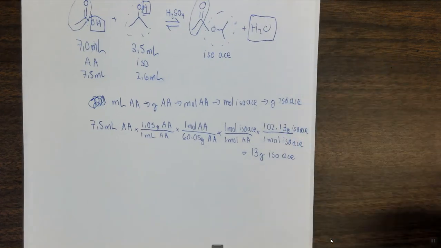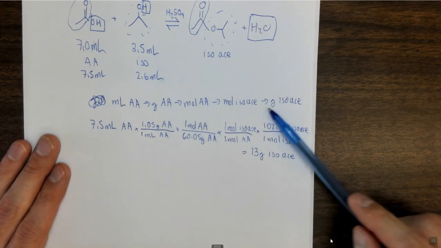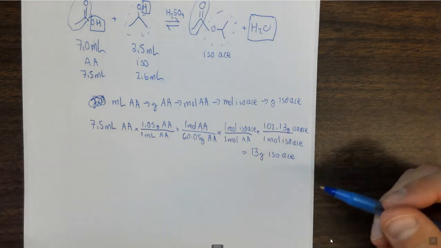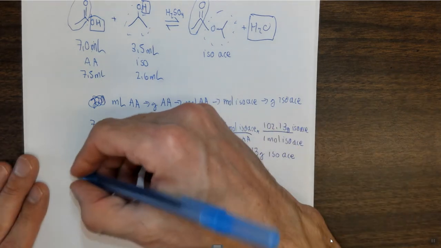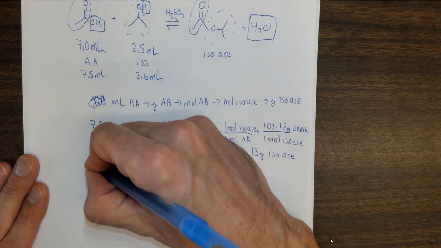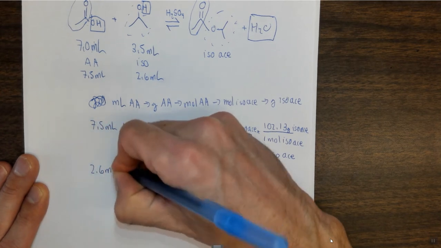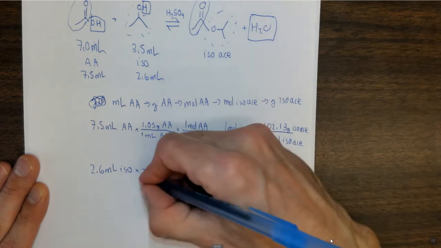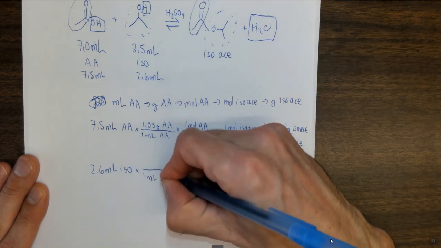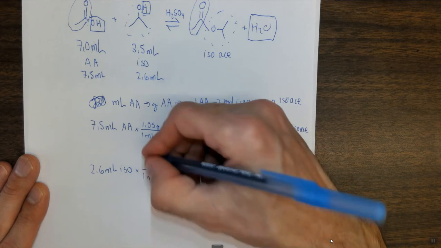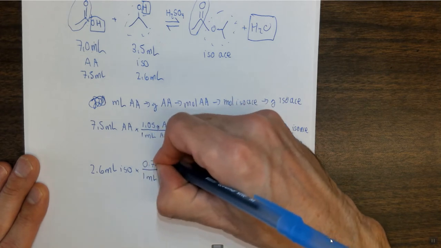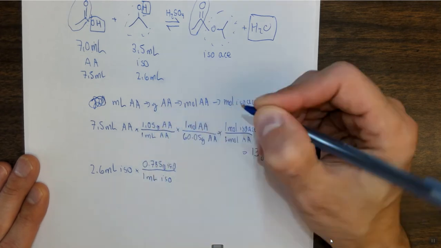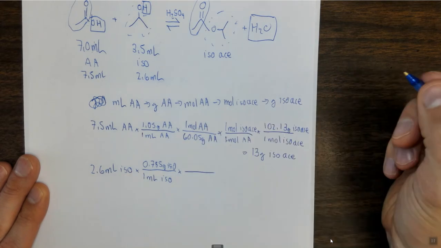I want to repeat this entire procedure, same exact thing, for the isopropanol. So starting with, in the example, 2.6 milliliters of isopropanol, I want to use the density to convert it to grams. It turns out that 1 milliliter of isopropanol is 0.785 grams of isopropanol. Now I want to convert it to moles.